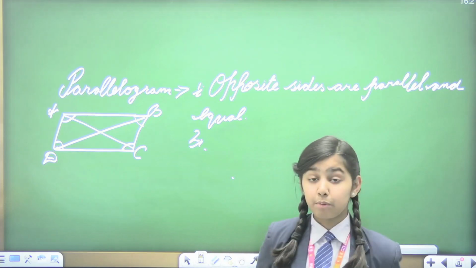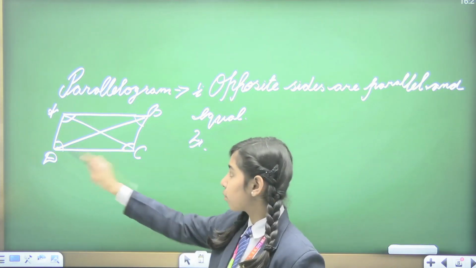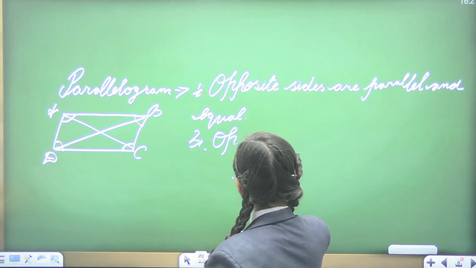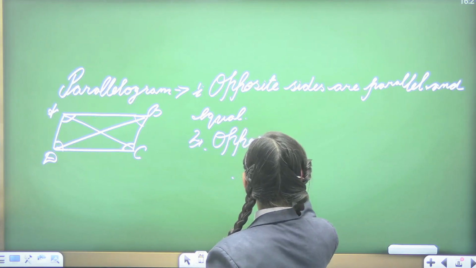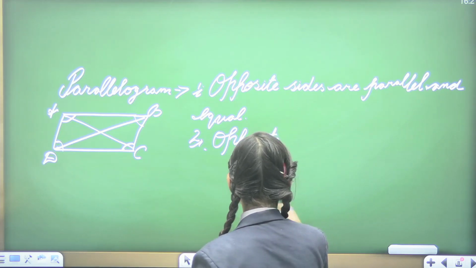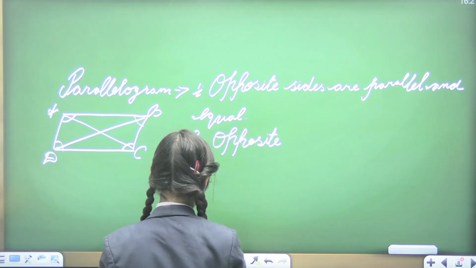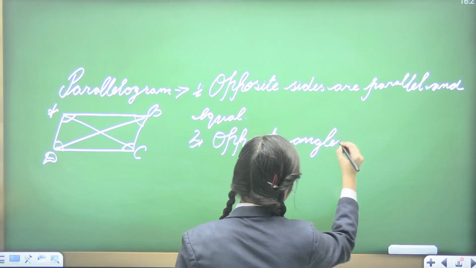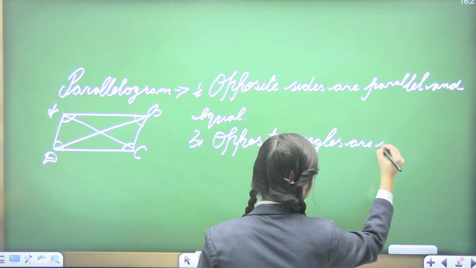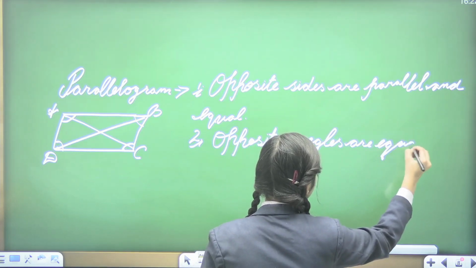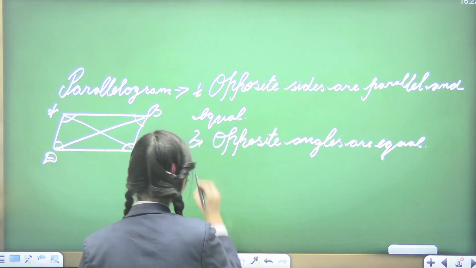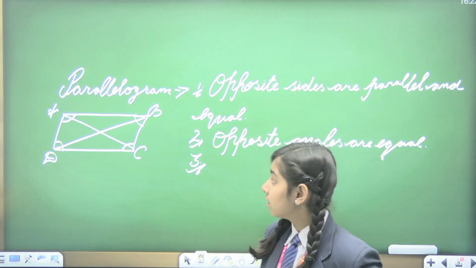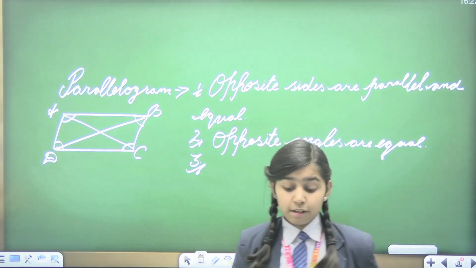The second point is that opposite angles are equal. Like the opposite angles, they are equal. Now the third point is that their diagonals bisect each other.